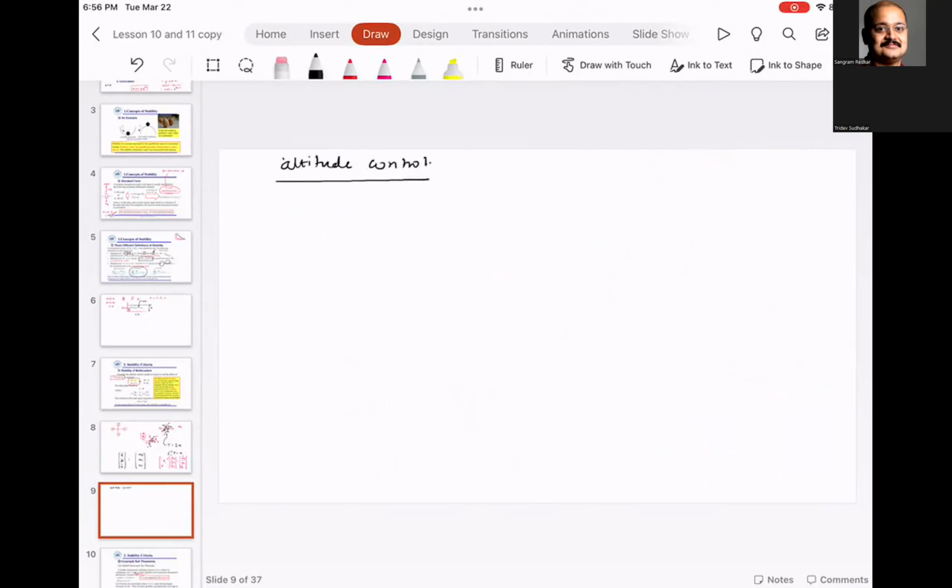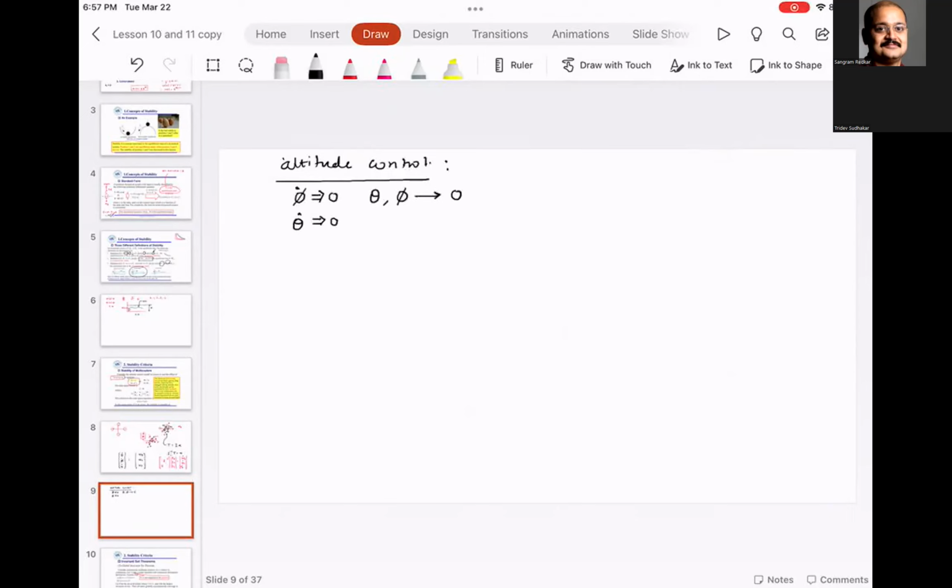What do we want to do in attitude control? My purpose in attitude control is that my phi dot should go to zero, and my theta dot should go to zero. And I'm going to specify one more thing: my theta and my phi, both of them go to zero.